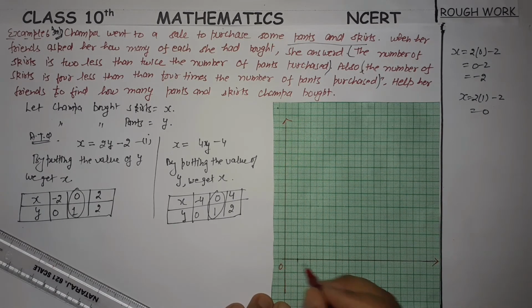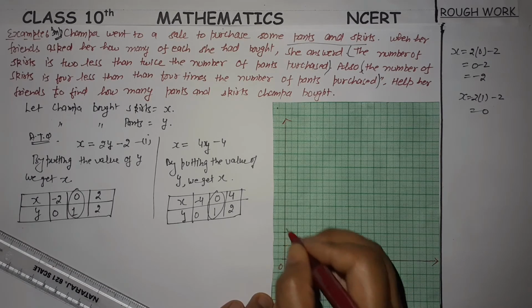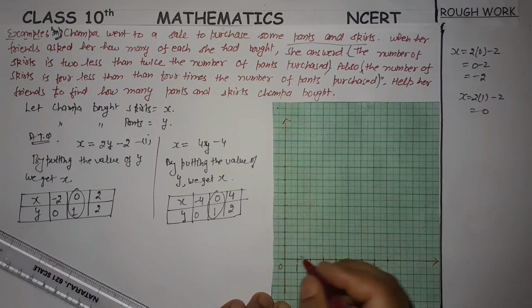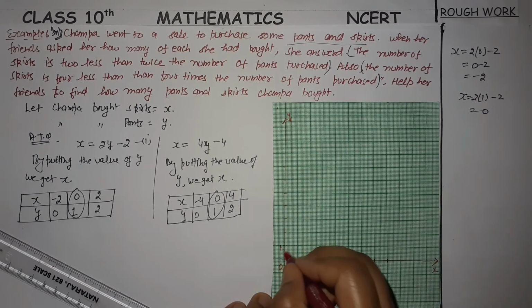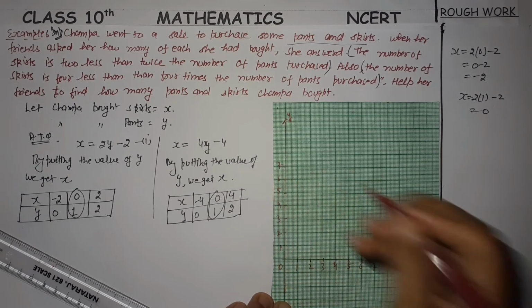Zero, and we will take a proper gap. 1, 2, 3, 4, 5, 6, 7. On the y-axis, 1, 2, 3, 4, 5, 6, 7.